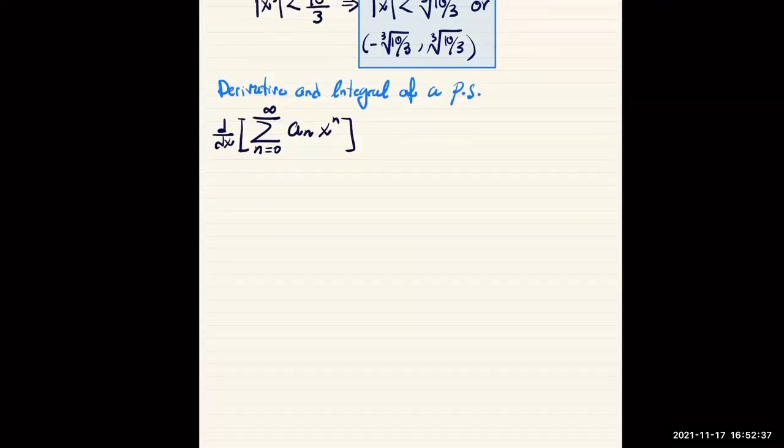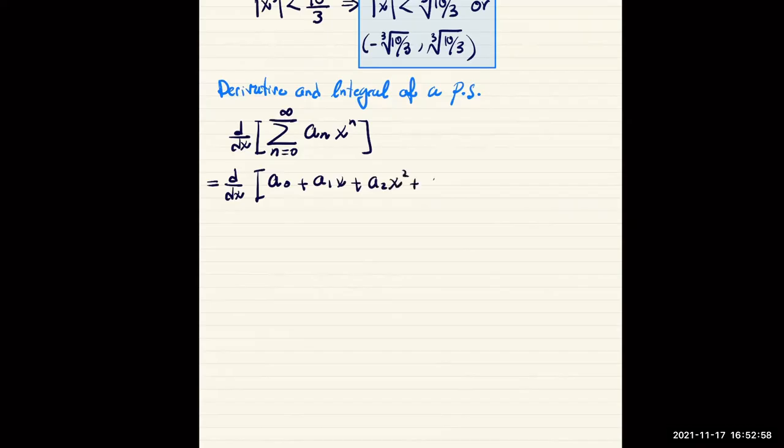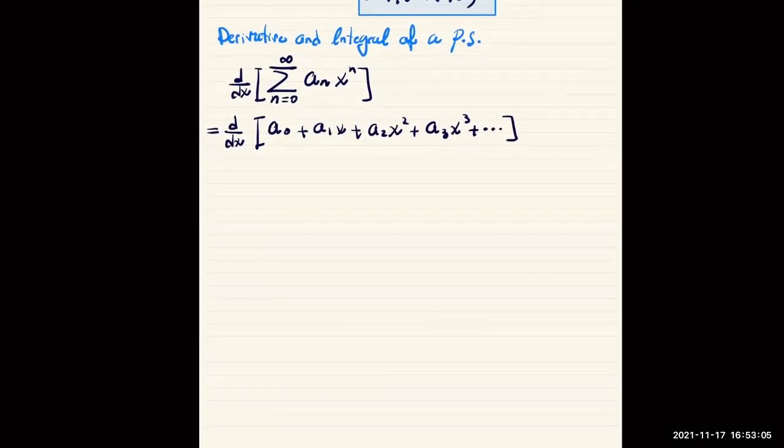All right, so this will be the derivative of, let me write the power series in expanded form. That would be a0 plus a1x plus a2x squared. It's easier to see it this way. a0, a1, a2 are just constant coefficients, they're numbers.